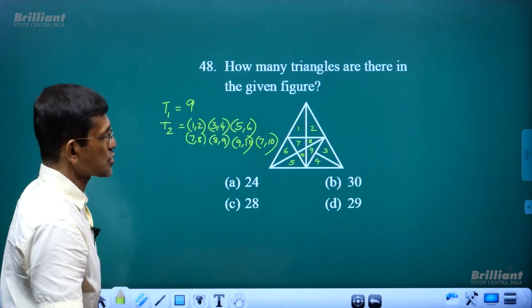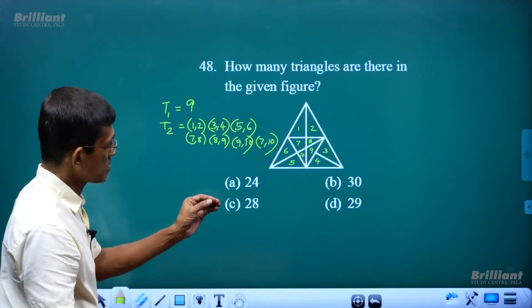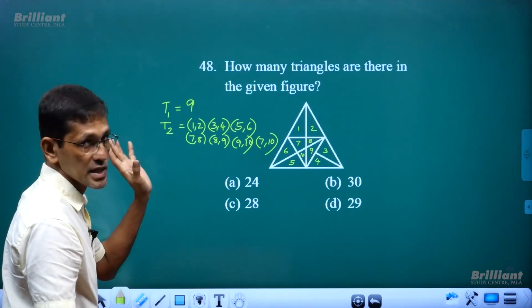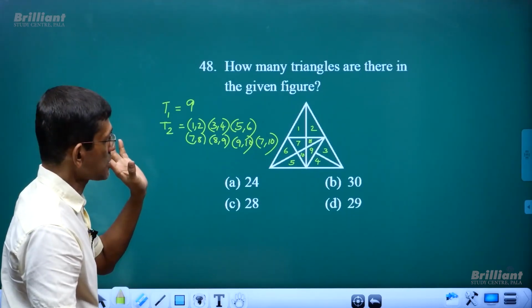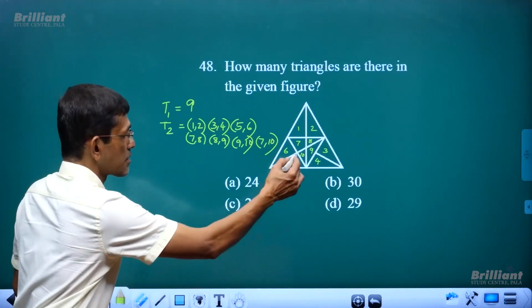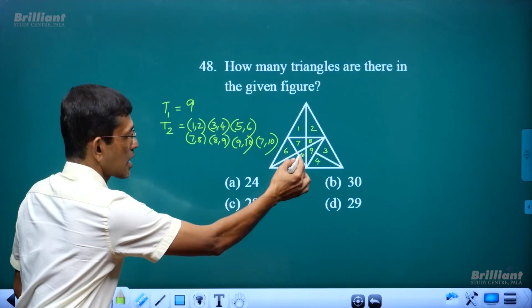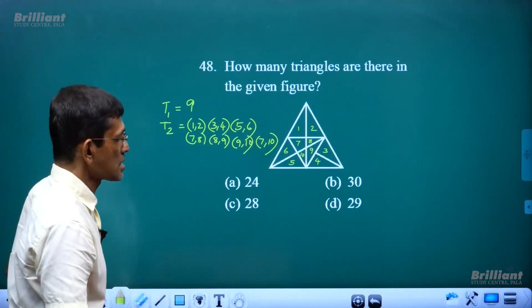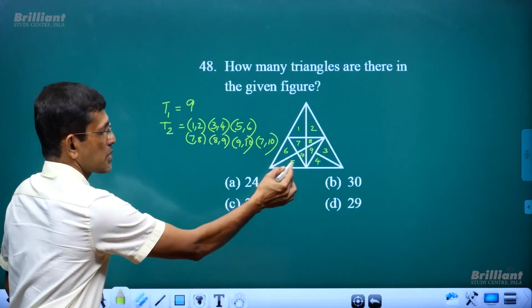Is there any other two pieces? That means any two pieces together, other than what we have taken, do we get a triangle? Think about it. Well, 10 and 9 taken. How about 5 and 10?